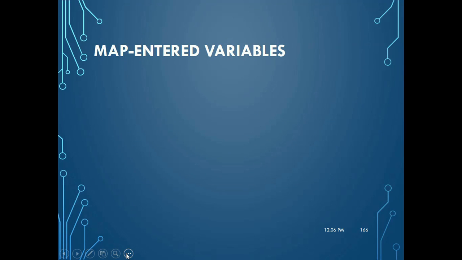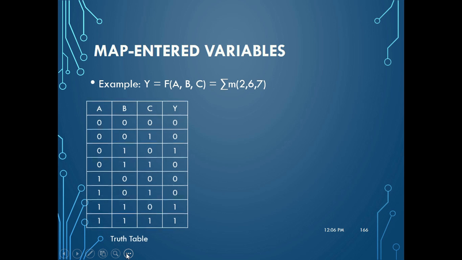So let us move on to the problem. Let us take one example: Y is equal to F of A, B, C, which is equal to summation of minterms 2, 6, 7. If I write the truth table for this problem, I get this.